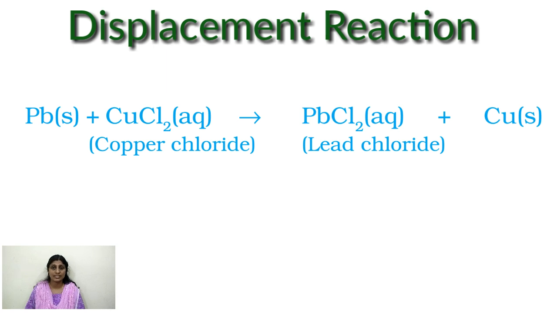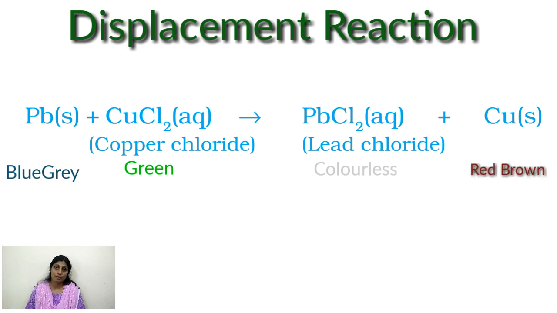S means solid state. Observations are, first, green solution of copper chloride changes to colorless solution of lead chloride. Second observation, bluish grey lead is converted to reddish brown copper.